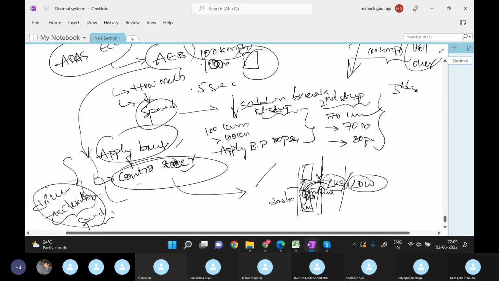Lane departure warning: you are trying to change the lane, and there is a chance that a vehicle is coming into your blind spot, where you could not see what is there. If a vehicle is coming this way, there is a chance of hitting it with your vehicle. In that case it will give the LDW, and it will also not allow you to change the lane.